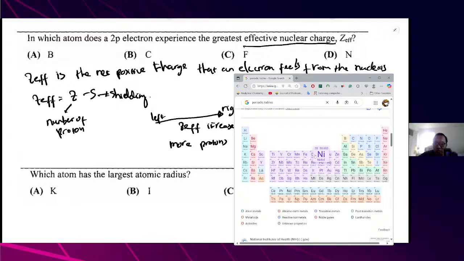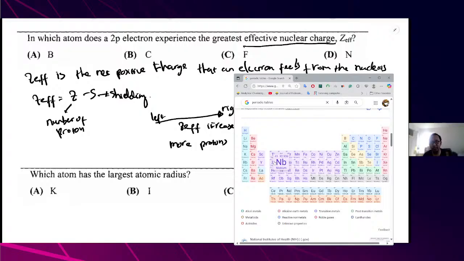So from left to right, ZEFF is increasing because there are more protons, but the shielding stays about the same, or similar.